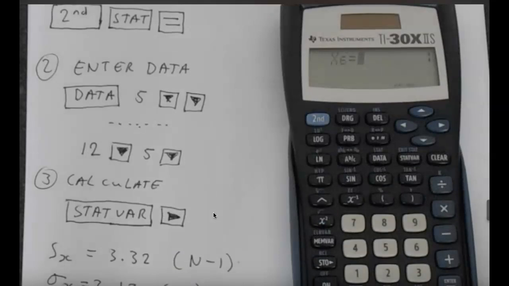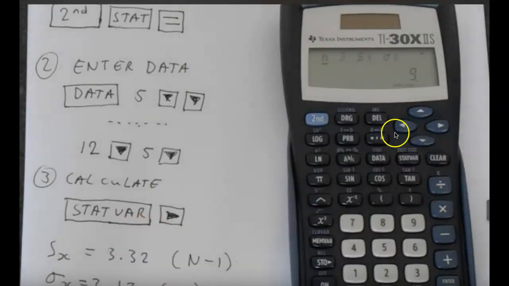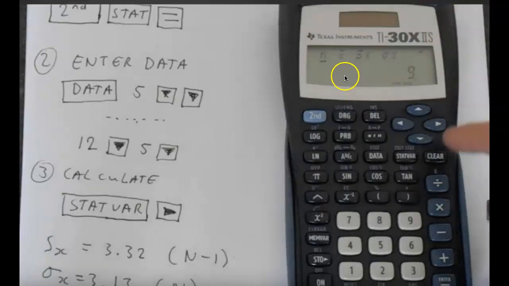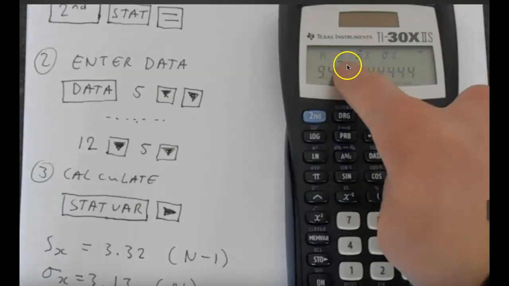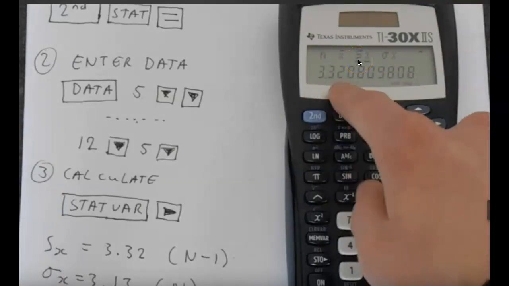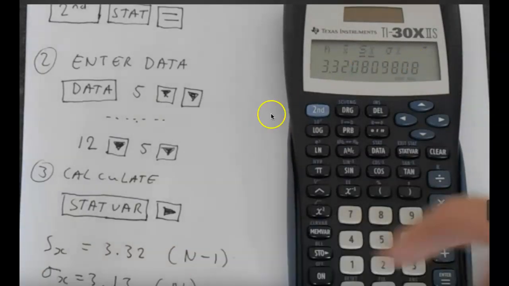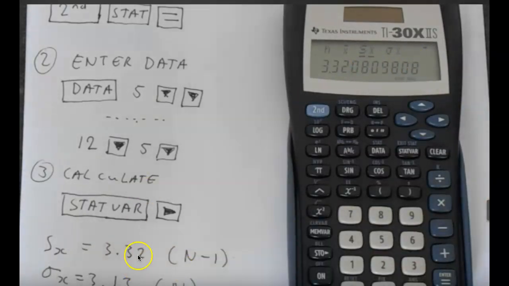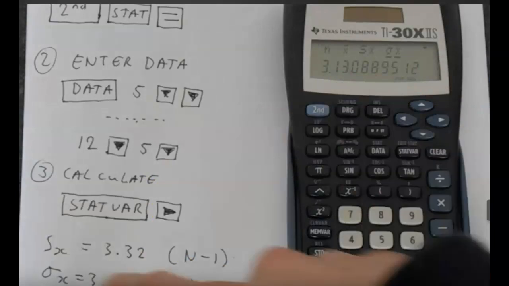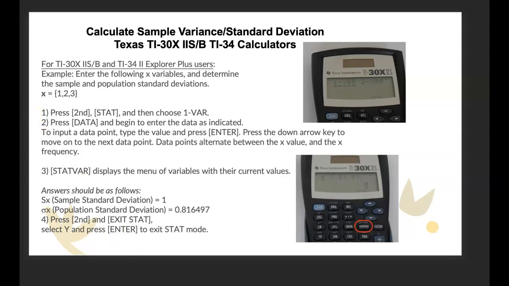Now, you just need to press this stats var button. Based on this, you can see how many data points, the average, the sample standard deviation, and the population standard deviation, which is the formula given here. I hope that video gives you a clear idea how to calculate the standard deviation.